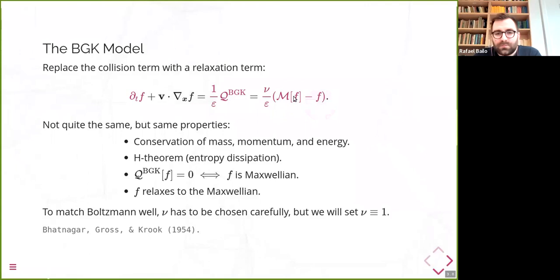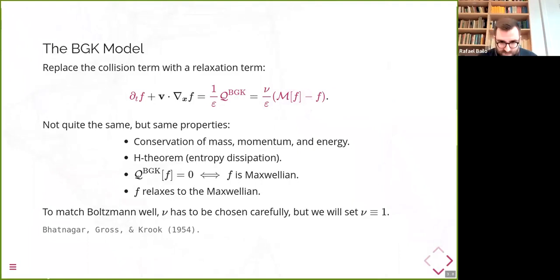This is a simpler equation, and it's obviously not quite the same as the Boltzmann equation. It's not quite linear. It looks linear. It's not linear because, of course, the Maxwellian in question depends on the moments of F. So this dependency is not linear. But once you fix the moments, then this is just a linear term. So again, the equation is not really the same as Boltzmann, but it does have all the good properties.